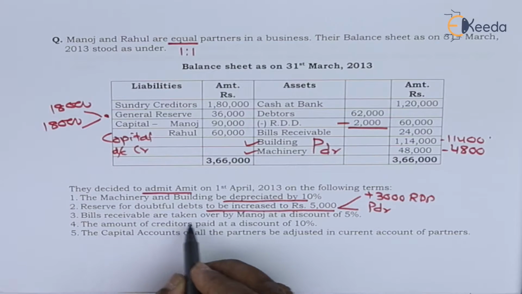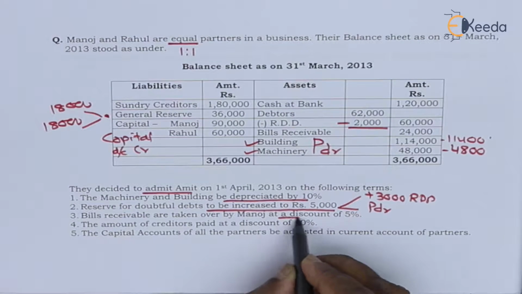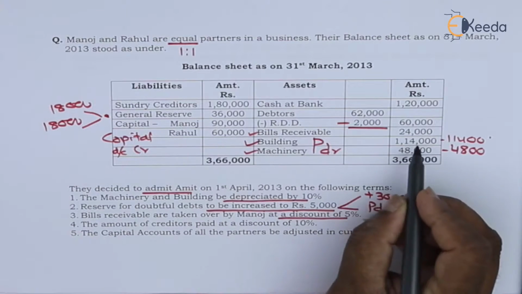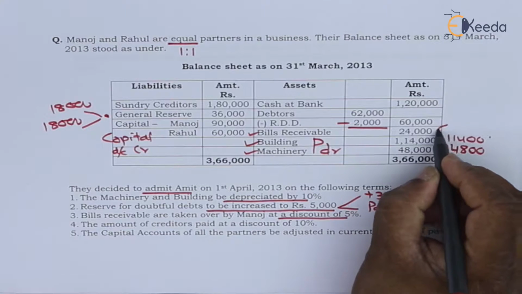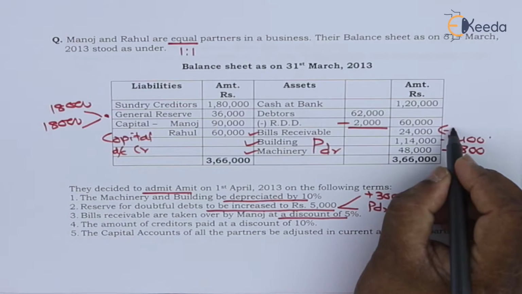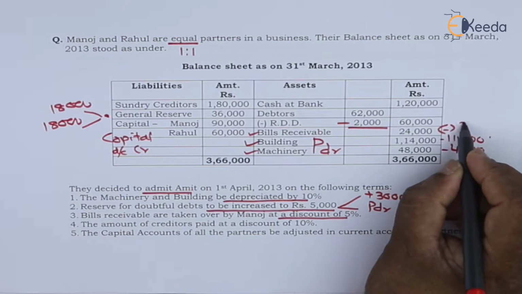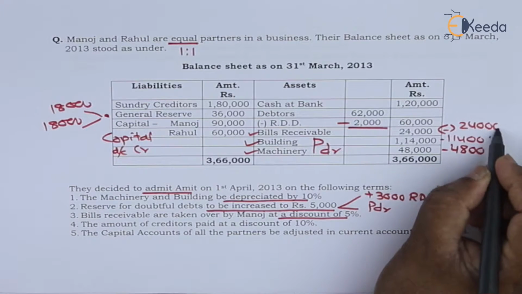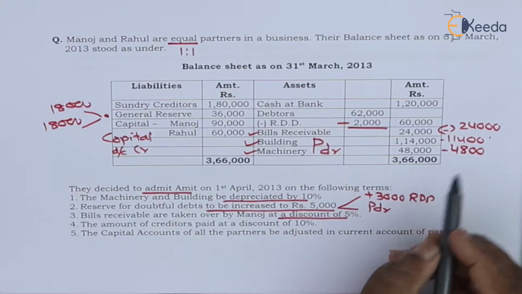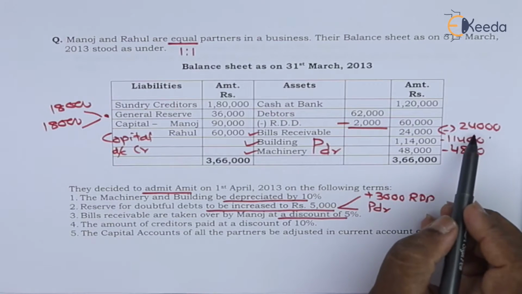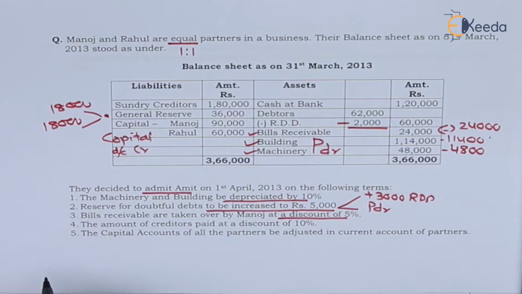Bills receivable are taken over by Manoj at a discount of 5%. Bills receivable are 24,000. It is taken over by Manoj. So in the new balance sheet, you will not have bills receivable. The whole amount we are required to deduct. It is taken over by Manoj at 5% discount. 5% of 24,000 comes to 1,200.